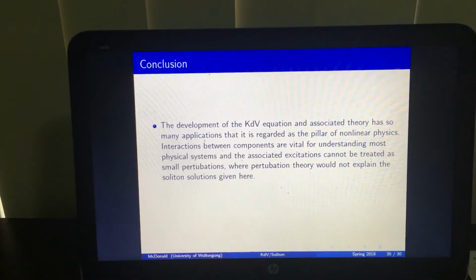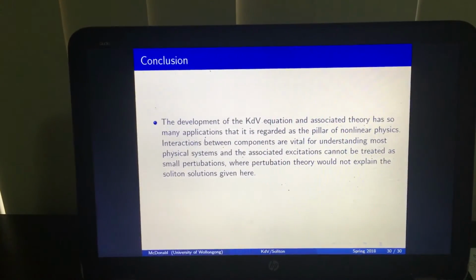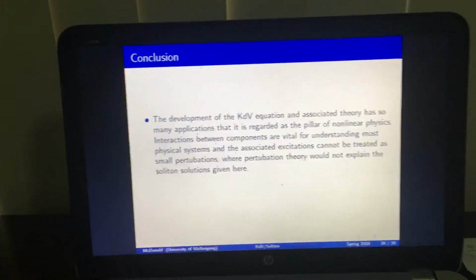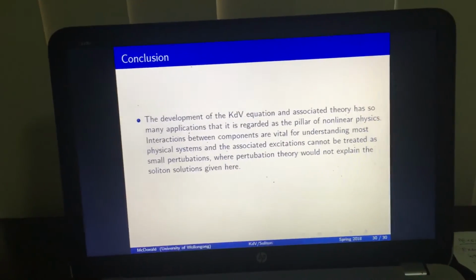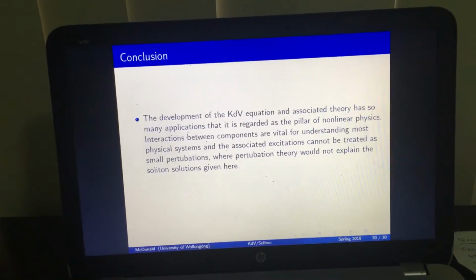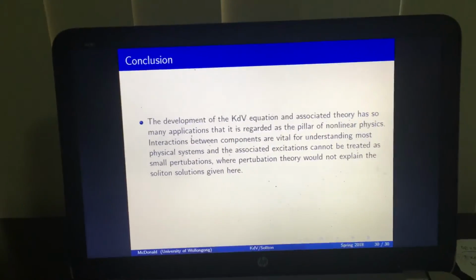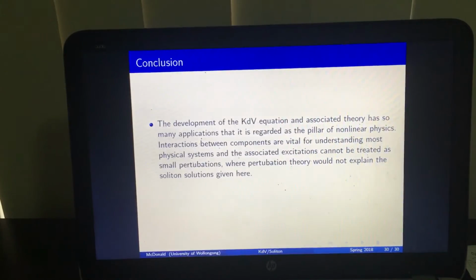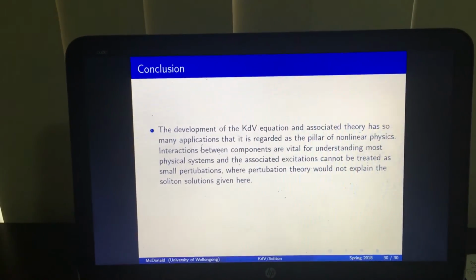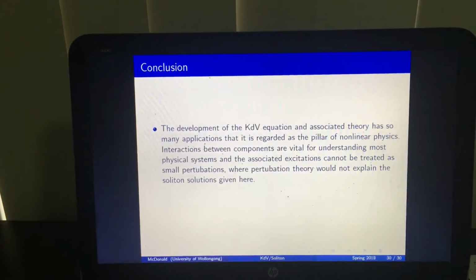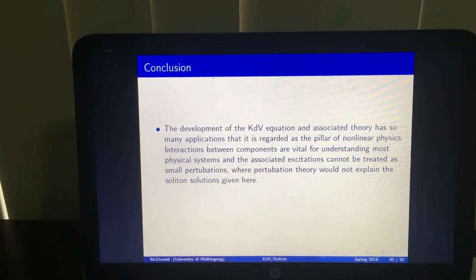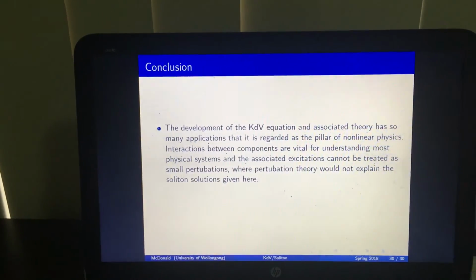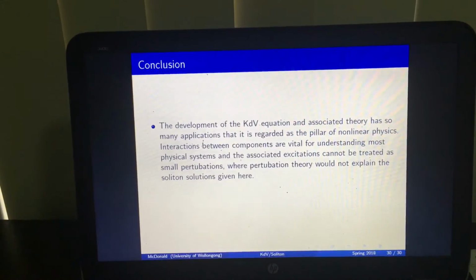So, in conclusion, the development of the KdV equation and the associated theory has so many applications that it's widely regarded as the pillar of nonlinear physics. The KdV equation was discovered in 1895, and then 1965 was when the soliton was discovered, and that soliton theory really was quite important at that time, and still is today.